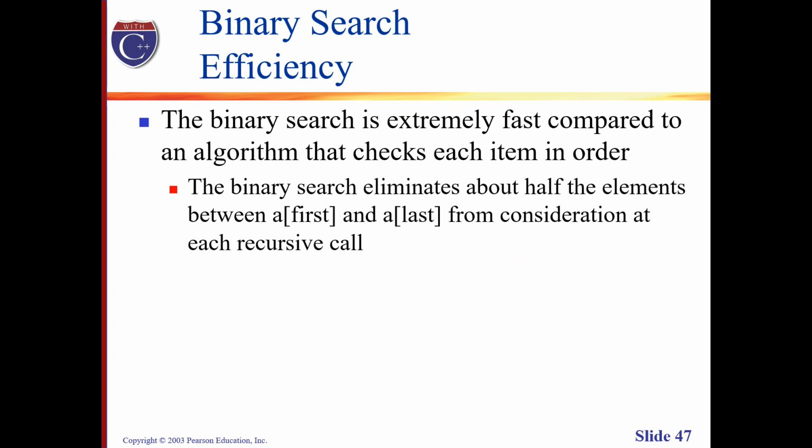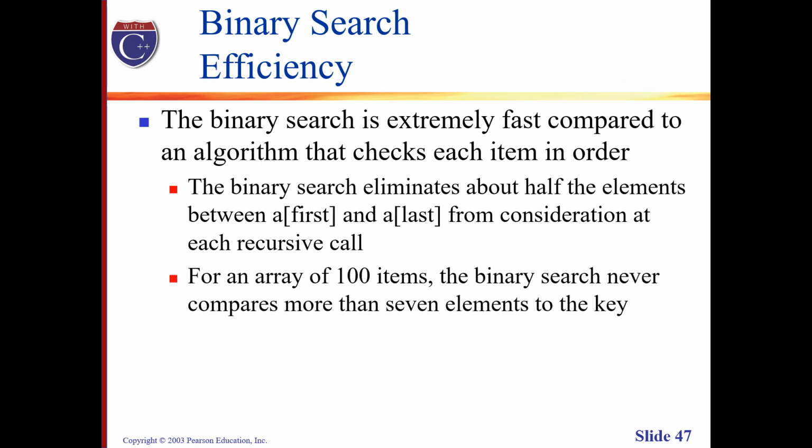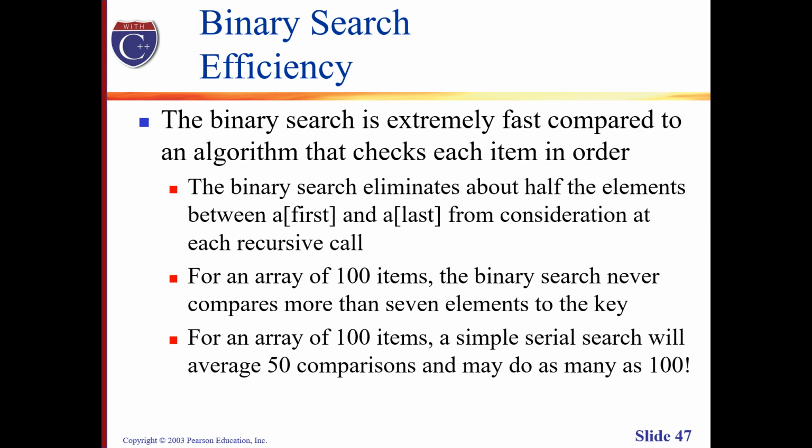By looking at it, the binary search algorithm reduces our array into half subsequently until the key that we are looking for has been found or not. For an array of 100 items, for instance, the binary search never compares more than 7 elements to the key. For an array of 100 items, a simple serial search will average 50 comparisons and may do as many as 100. For binary search, that can be done much quicker.